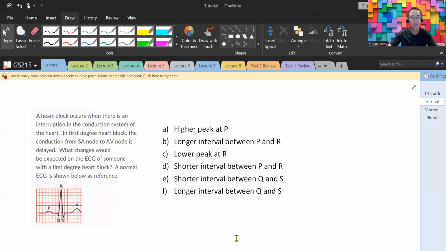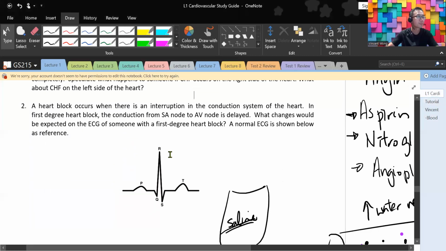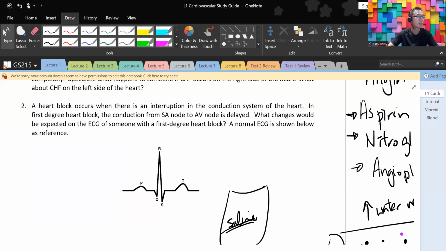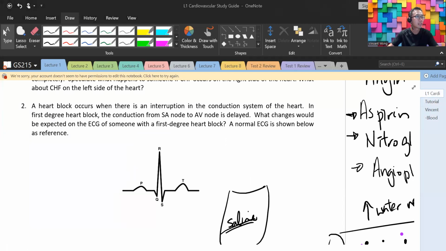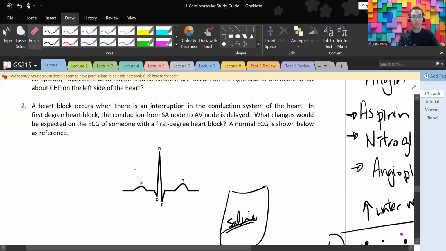So maybe it's a good idea to review what the ECG is showing. Okay, so over here, okay, I'm gonna end the polls. Okay, so over here, this first peak, that corresponds to atrial contraction. Okay.